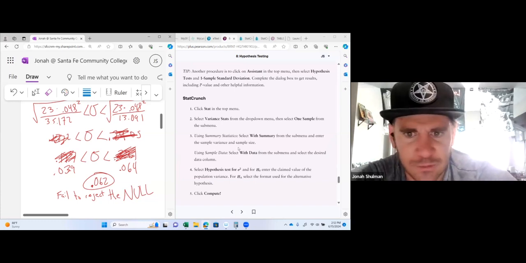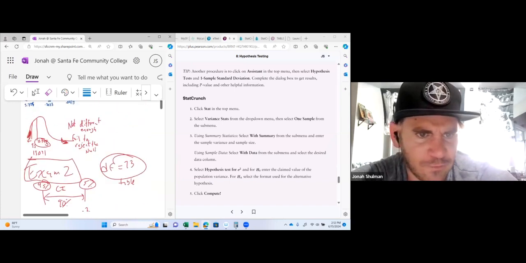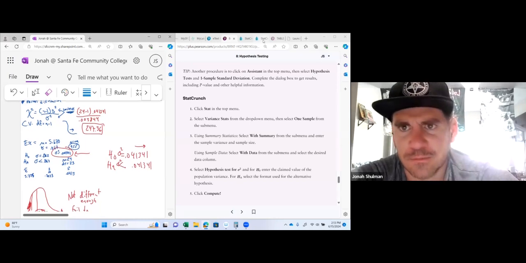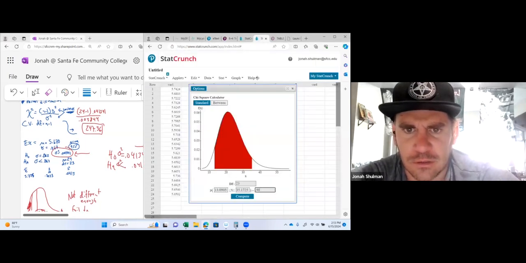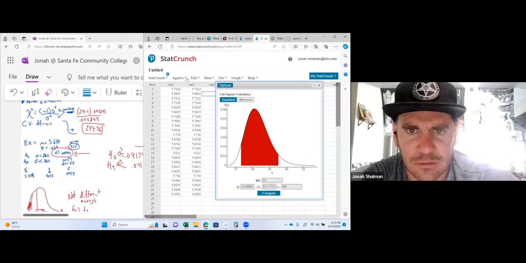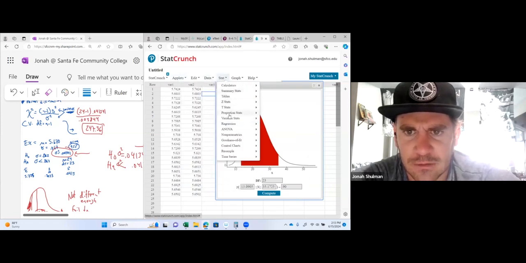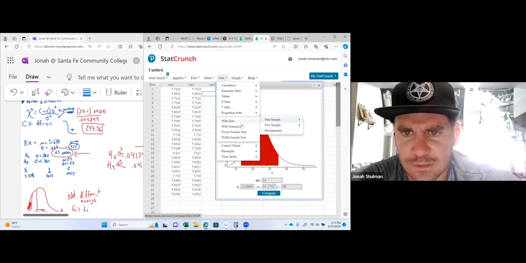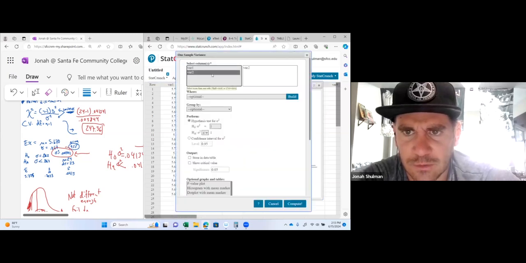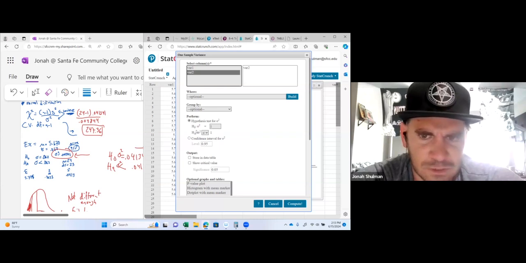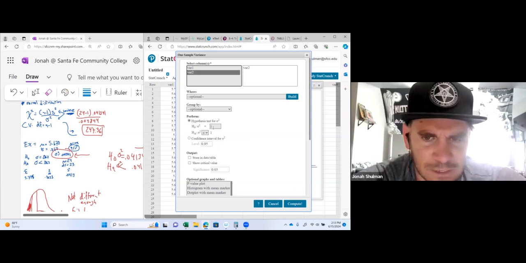So they're telling us to do what we just did with variance stats. However, for ours, we needed standard deviations. I'm going to try one more time. So here's our data. Stat, variance statistics, one sample with data, variables. It doesn't matter which one we have. Now it's asking us for the variance, but we're not testing for variance.